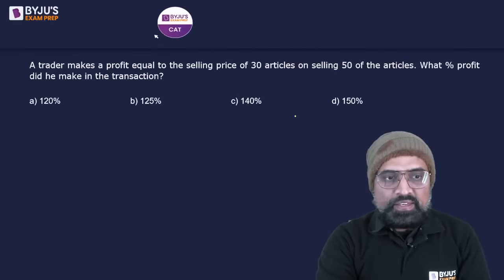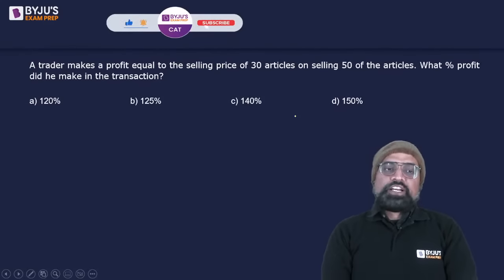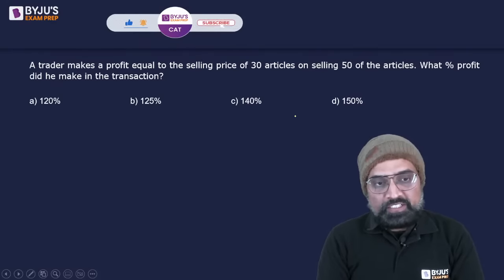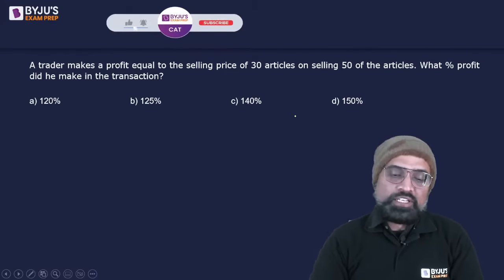Okay. Next, a trader makes a profit equal to the selling price of 30 articles on selling 50 of the articles. What profit percentage did he make in the transaction?